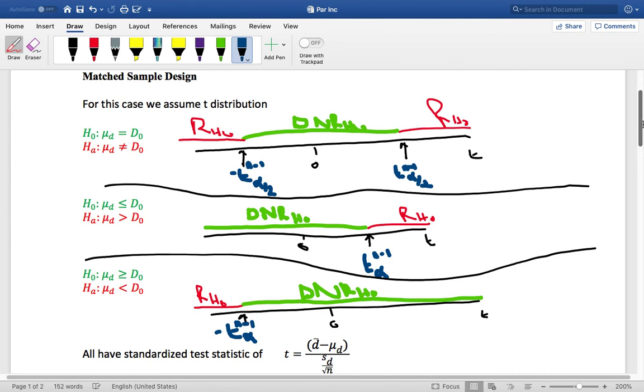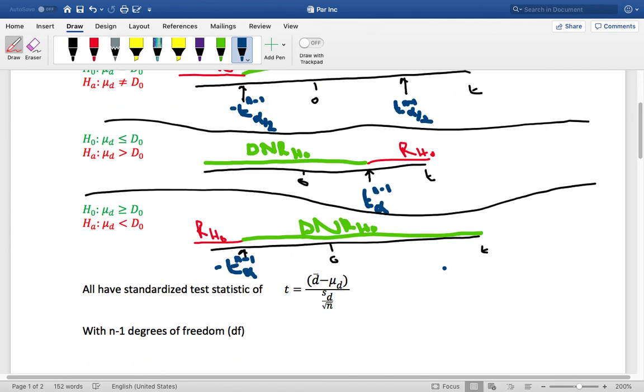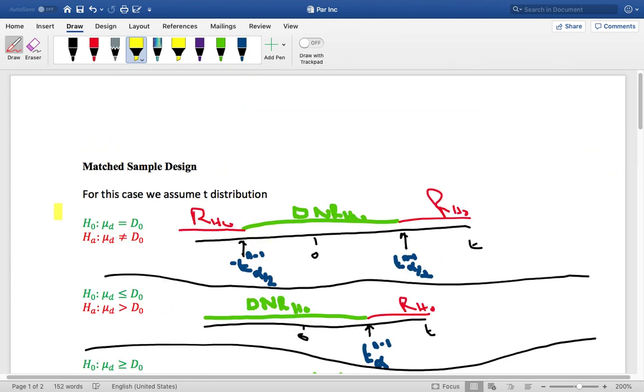And to use the critical value approach, we then have to work out the test statistic, and the test statistic is worked out using this formula in here. So d bar is analogous to x bar, and mu of d comes from H0, whatever value's in there.